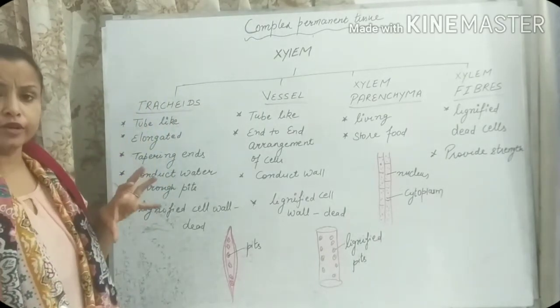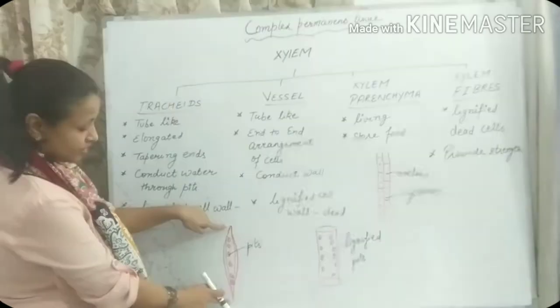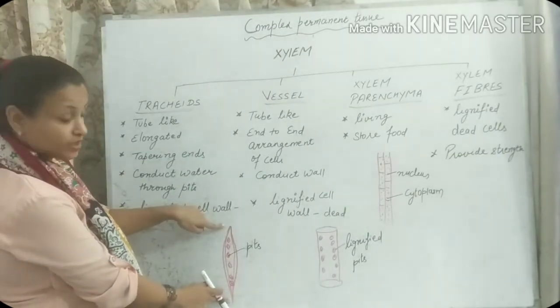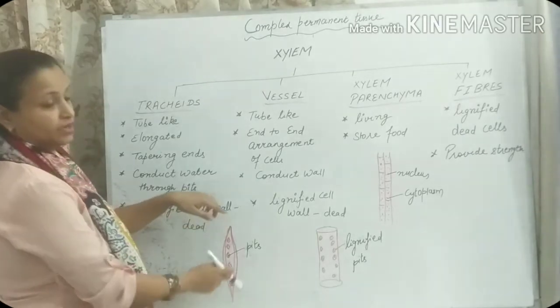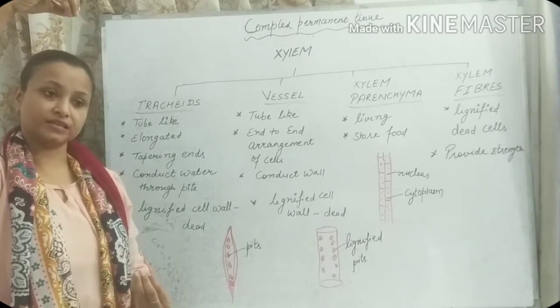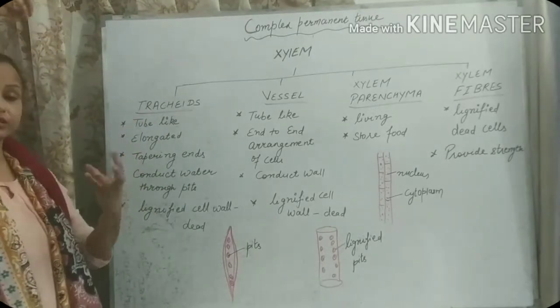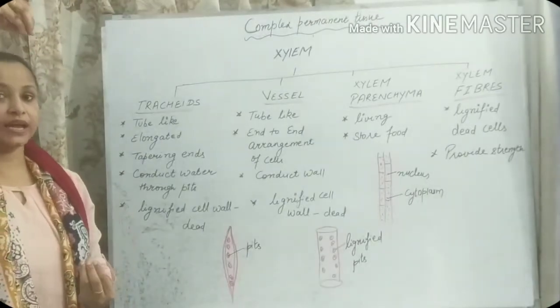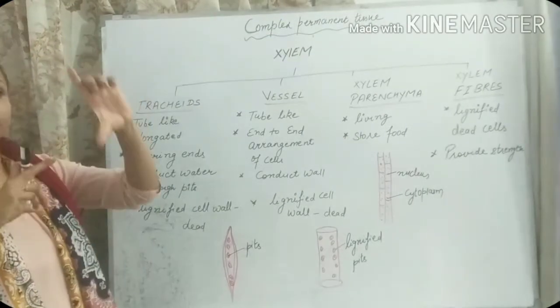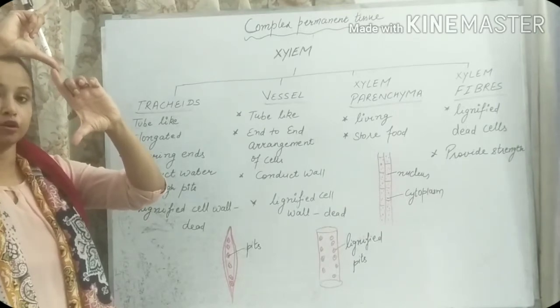What is the meaning of tapering end? Tapering end means their ends are pointed. You can see in the diagram, students, their ends are pointed. So that means their ends are closed. Both ends are closed because they are pointed. So how will the tracheids conduct the water? When the ends are pointed, we cannot put one tracheid over another tracheid because they will not be stable.